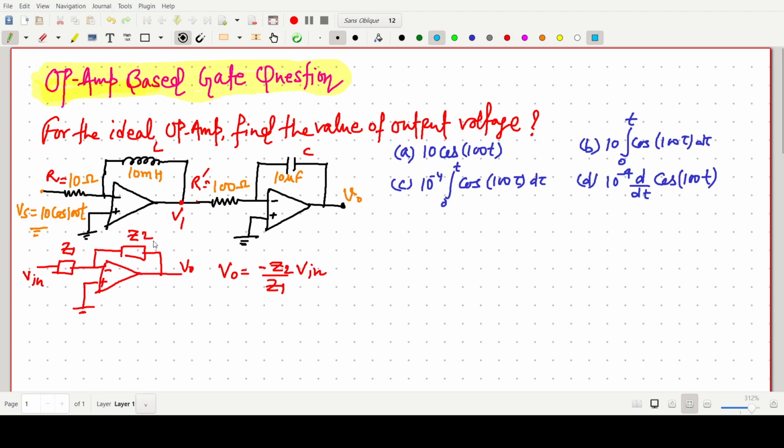And if Z2 is RF in terms of resistance, we know the formula: minus RF by R1 V in. The same concept we have used in this problem.